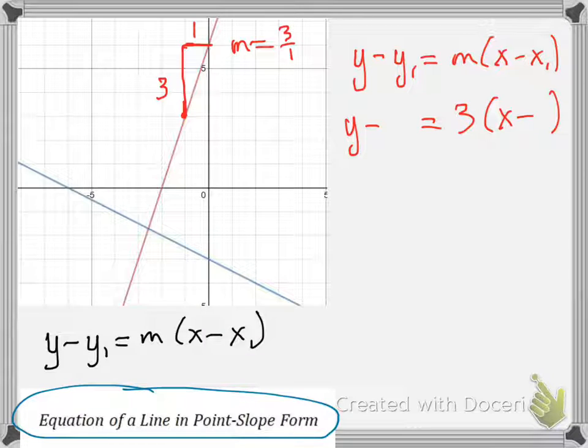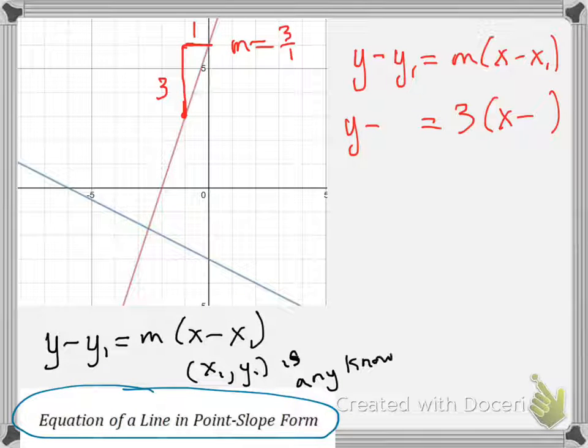And then my x1 and my y1 can be any known point. It looks a little awkward if I choose one that has zeros in it, so I'm going to choose this one right here. This point is at -1 sideways and +3 up.